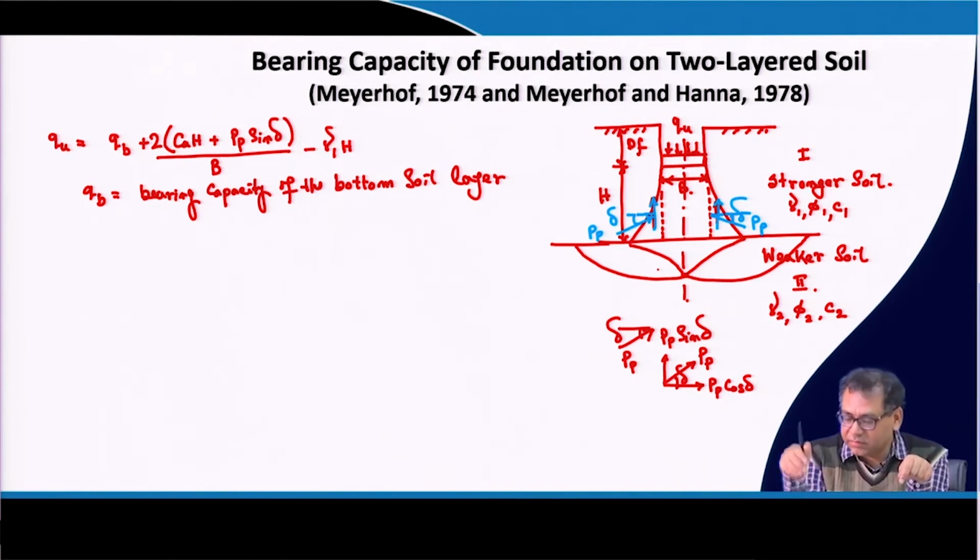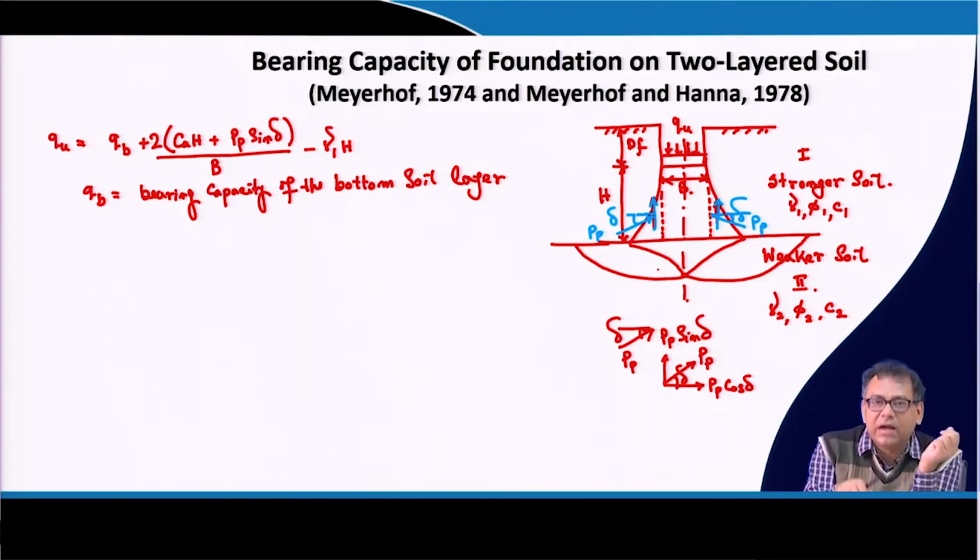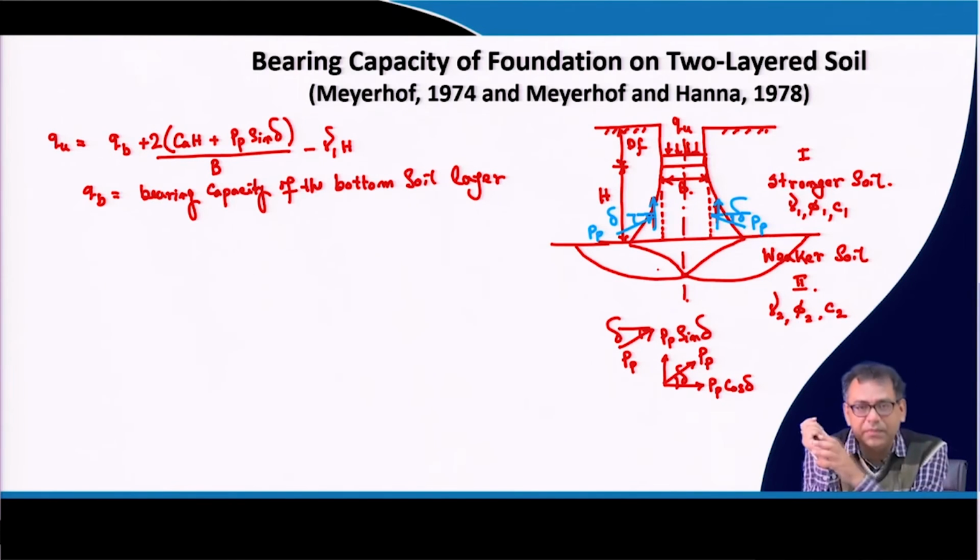Okay, basically I am taking all the vertical components. That means qu will be equal to qb plus this resistance. Now, one thing is why this gamma 1 H is used. So, gamma 1 H is used because it is assumed to be weaker soil.